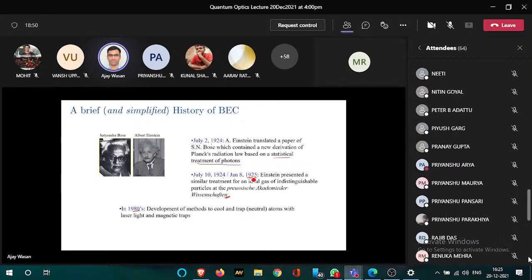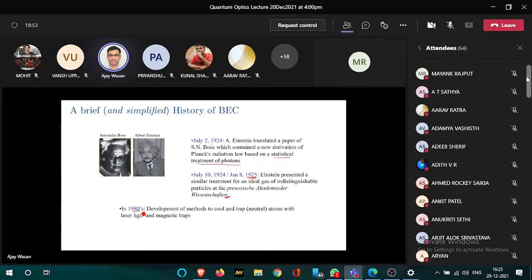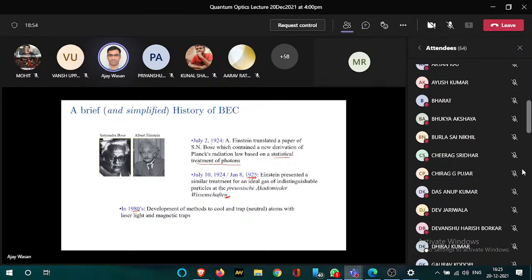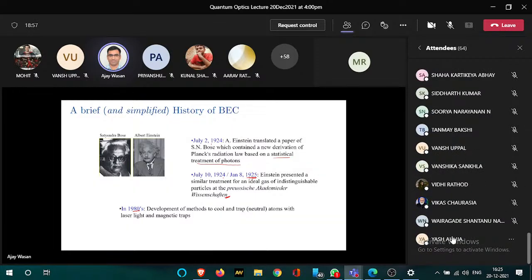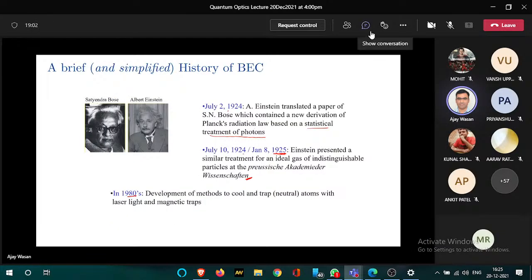Here the theory was given, but in between people tried. From 1925 to 1980, people kept on trying to get the Bose-Einstein condensation. But the limitation during this time was that we did not have very nice instruments to make the vacuum.